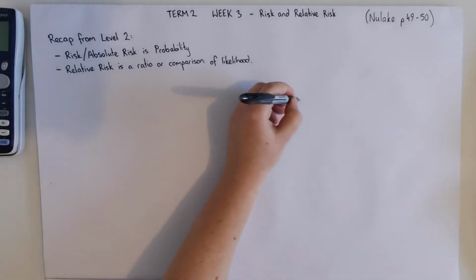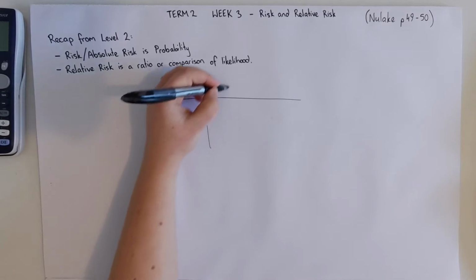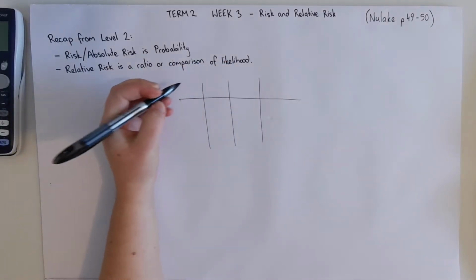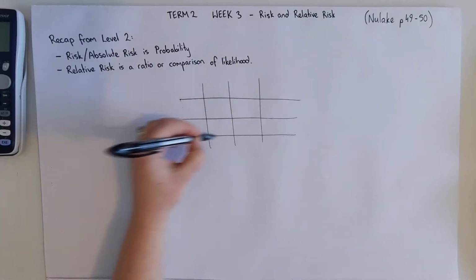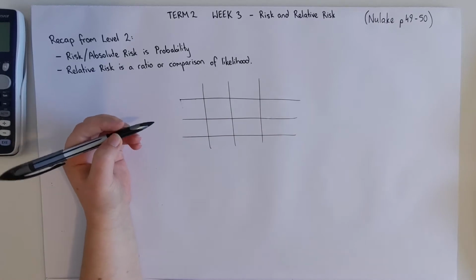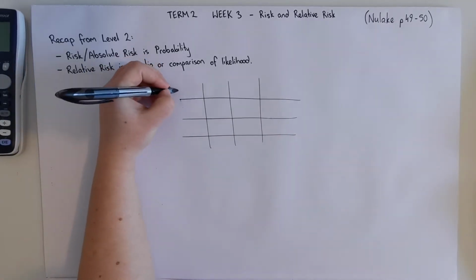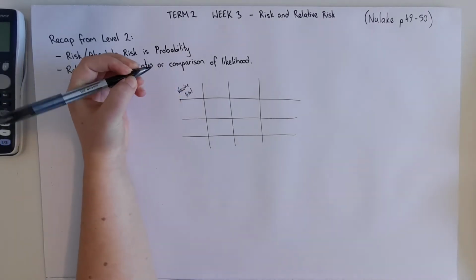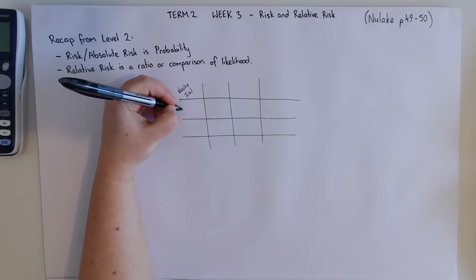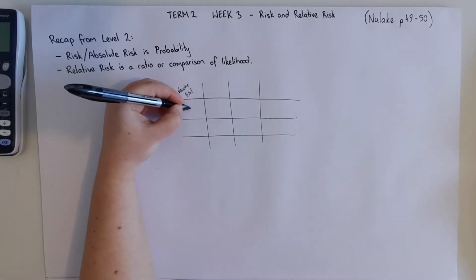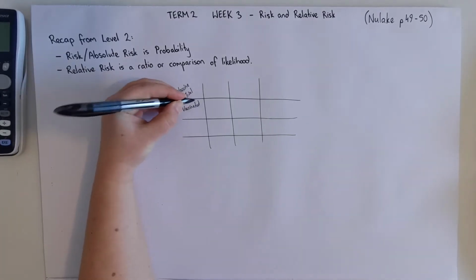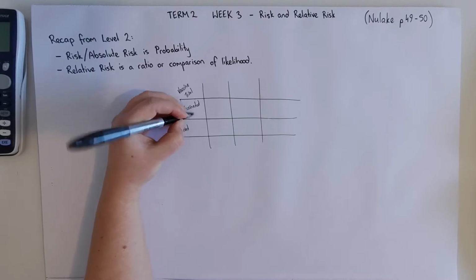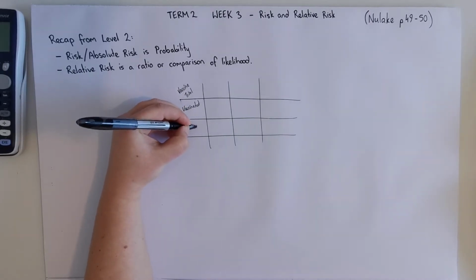So let's look at an example. We might have some kind of vaccine trial question. We might then be looking at a sample of people that have either been vaccinated or have not been vaccinated.